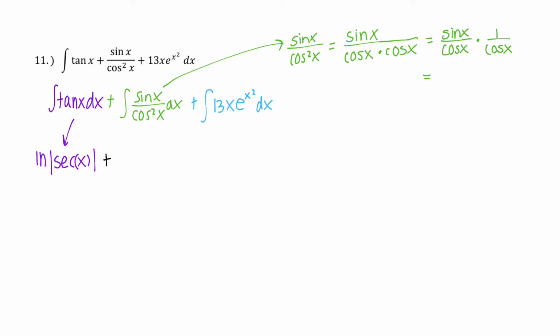Sine x over cosine x is tangent x, and 1 over cosine x is secant x. So this is really the integral of tan x secant x dx, and the antiderivative of tangent x secant x is secant x.